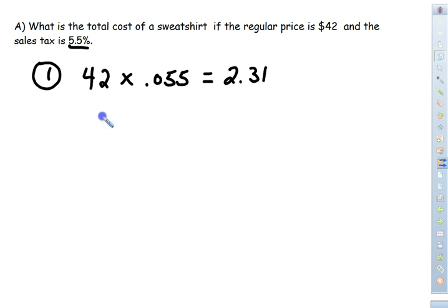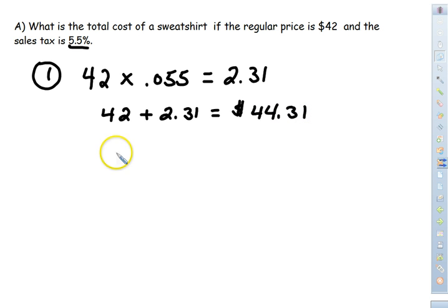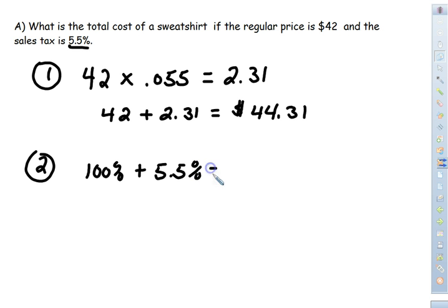Now that it is sales tax, you're going to take that $42, add the $2.31, and you get a total of $44.31. Method two is simply saying, all right, $42 is that 100%, and you're going to add the 5.5% to it.